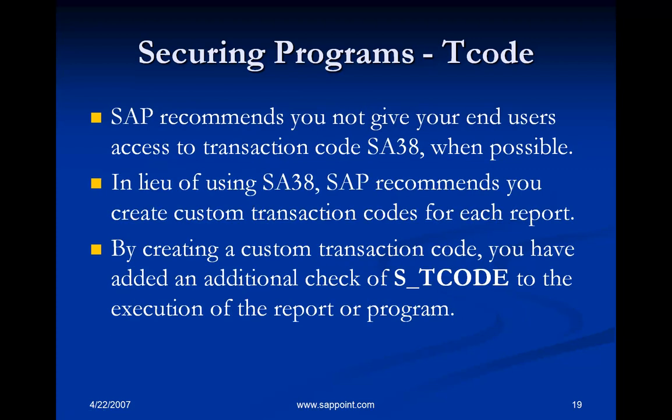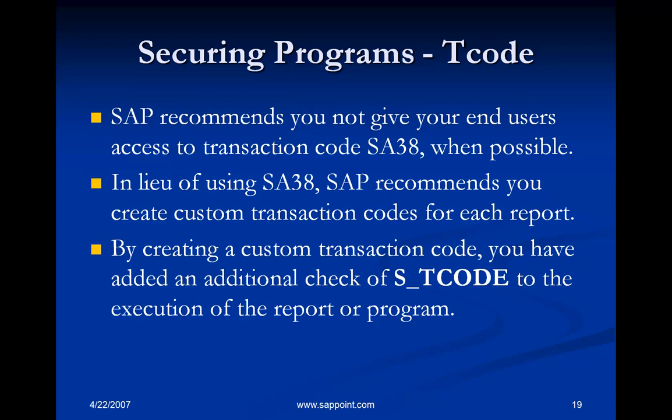So SAP recommends you not give your end users access to transaction SA38 when possible. In lieu of using SA38, SAP recommends you create custom transaction codes for each report. To summarize, this is what SAP recommends: more than using the authorization group, SAP recommends that you use custom transaction codes.